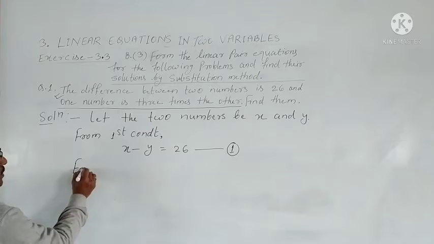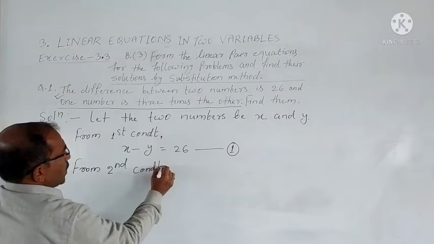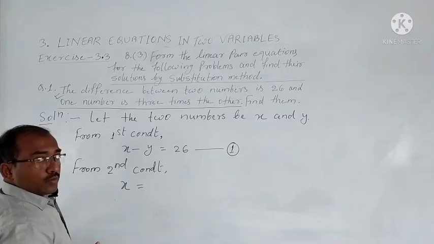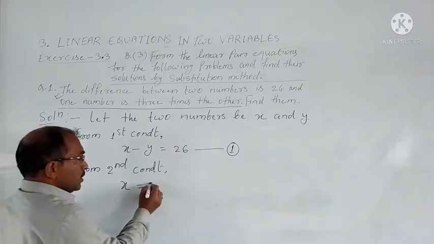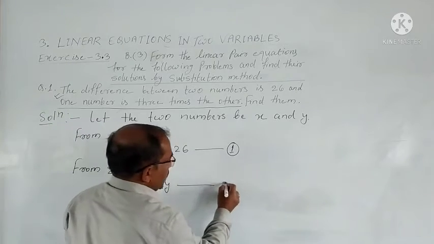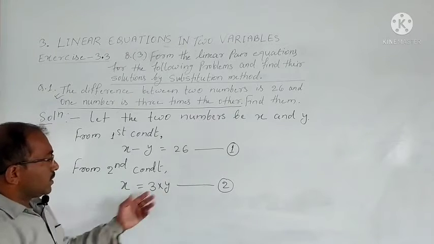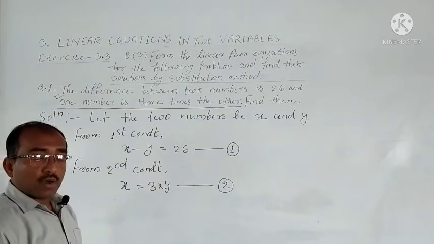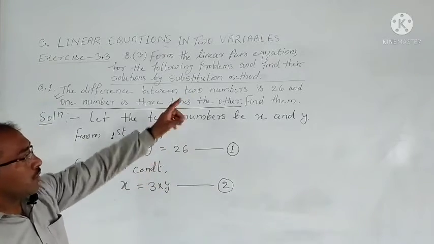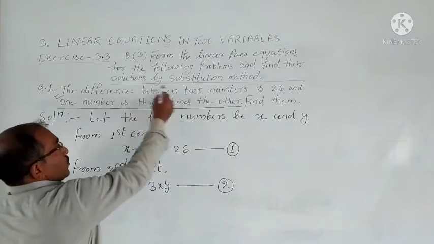So from second condition, the question is saying that one number x is equal to 3 times the other, that means 3 into y, 3y, and this also itself is an equation. Sometimes we may think that x is in LHS, 3y is in RHS, how it will be equation? We can arrange them, x minus 3y equal to 0. Anyway, now we have converted the question into equations, and then question is saying that solve by substitution method.